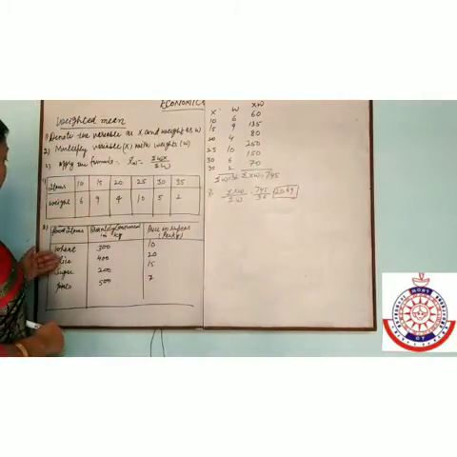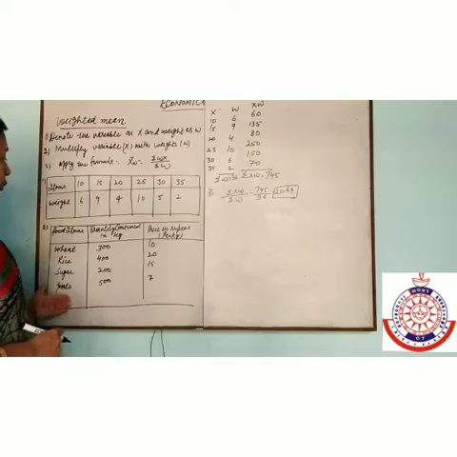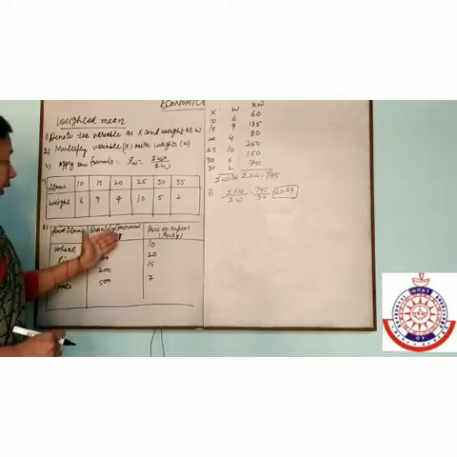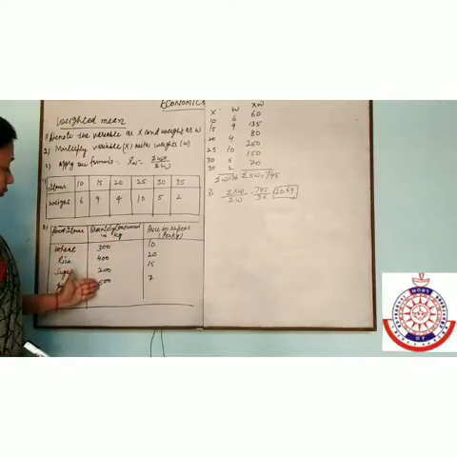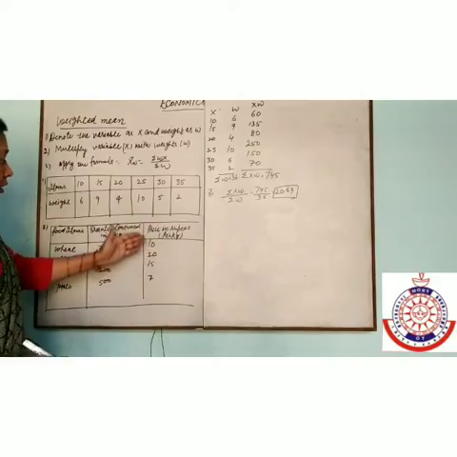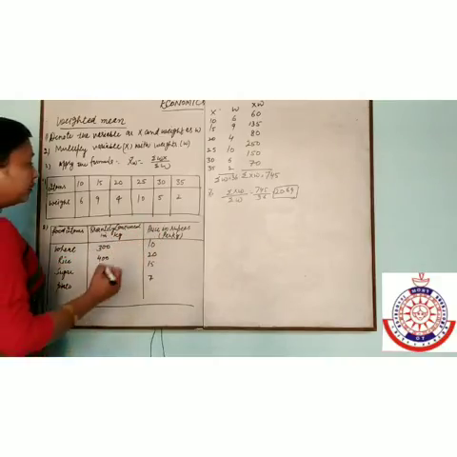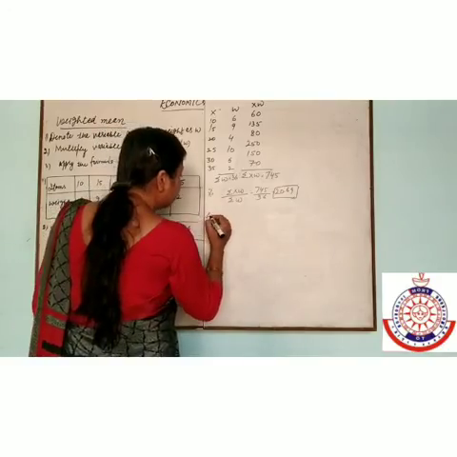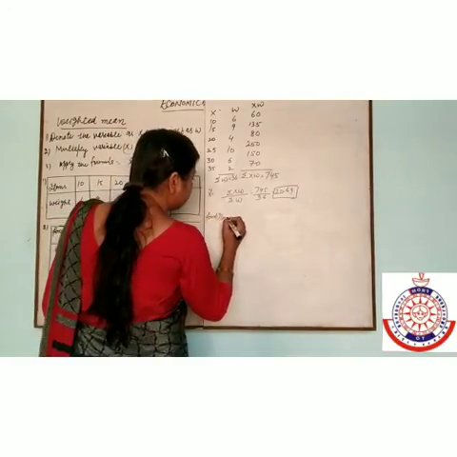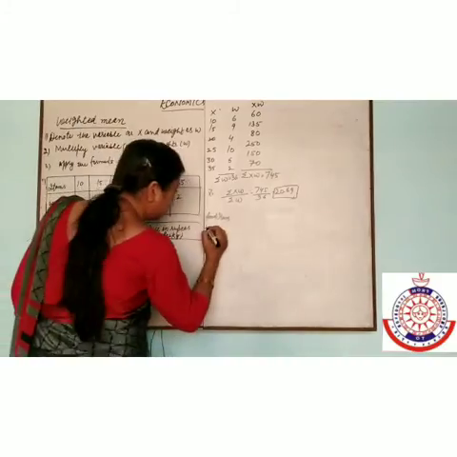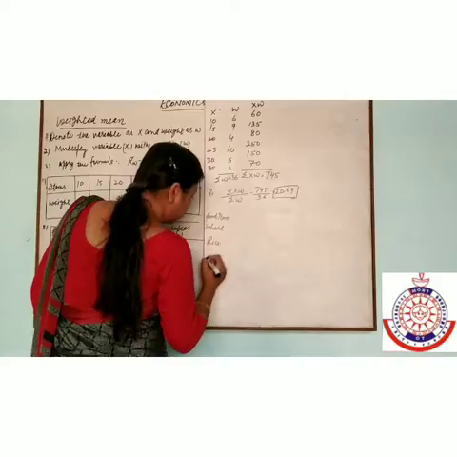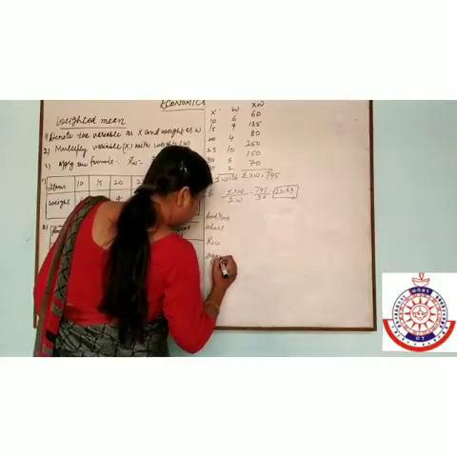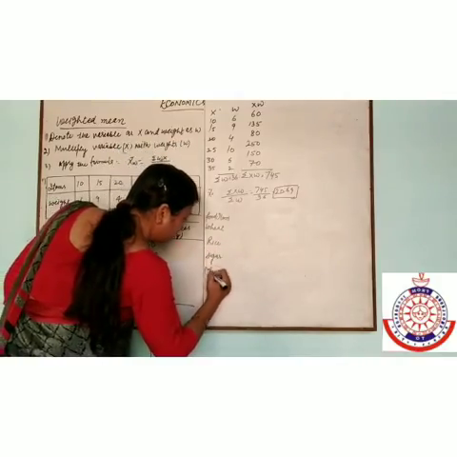Let us take one more example. Here food items are given: wheat, rice, sugar, potatoes, and quantity consumed in kg 300, 400, 200 and 500, and price is given in rupees. Food items: wheat, rice, sugar, potato.